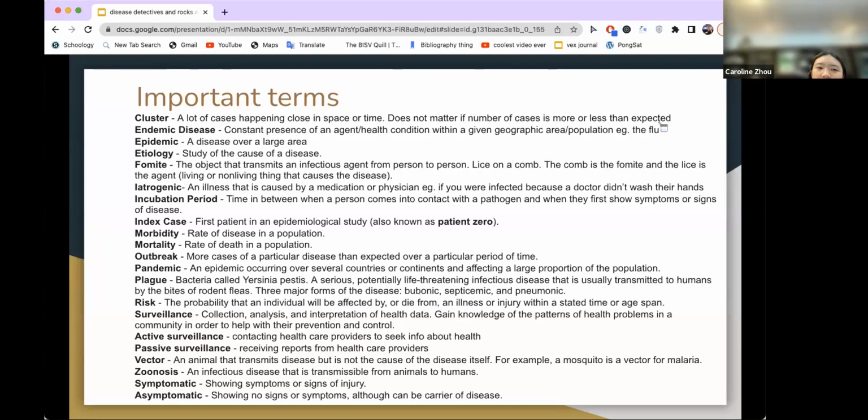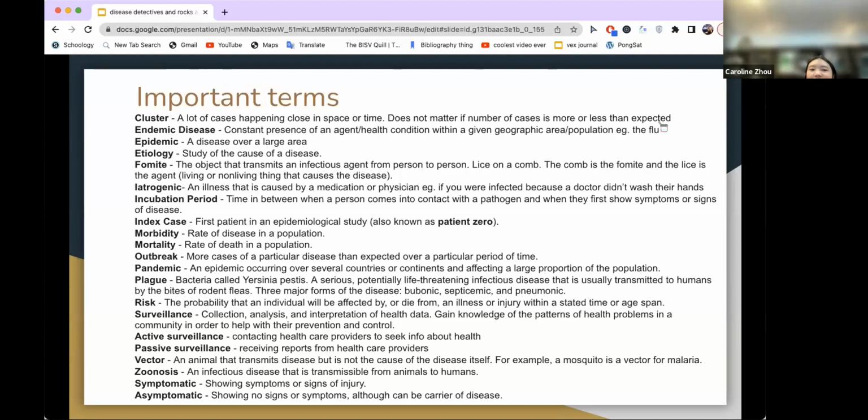A pandemic is an epidemic occurring over several countries or continents and affecting a large proportion of the population. Once again, COVID started as an epidemic originating from China, but then it spread throughout the entire world and became a pandemic.